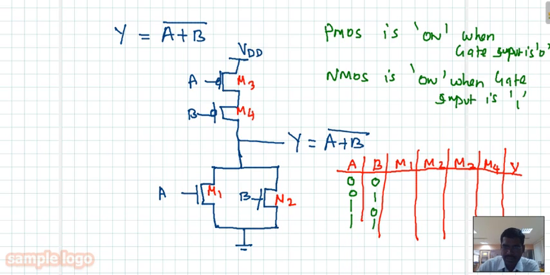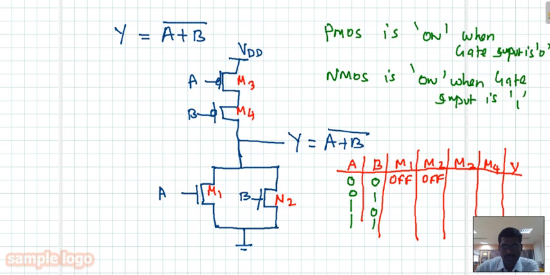Now A is 0 and B is 0. NMOS is going to be on when the gate input is 1. Now both gates are receiving 0, 0, so M1 is off, M2 is off.